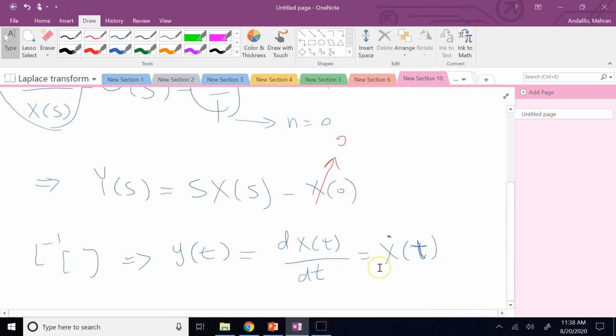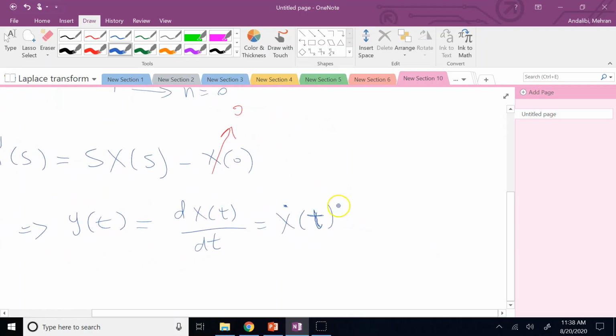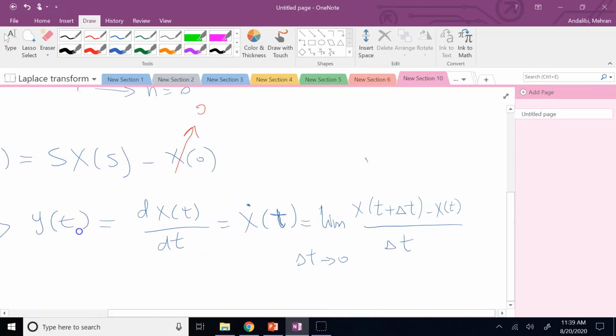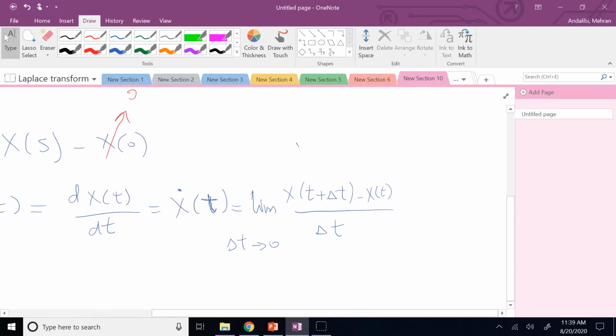Now, why is it that the system is not causal? So what is the definition of derivative? Based on what you learn in calculus, that's the limit of x at t plus delta t minus x at t divided by delta t, as delta t goes to what? 0, right? Now, what does this mean?